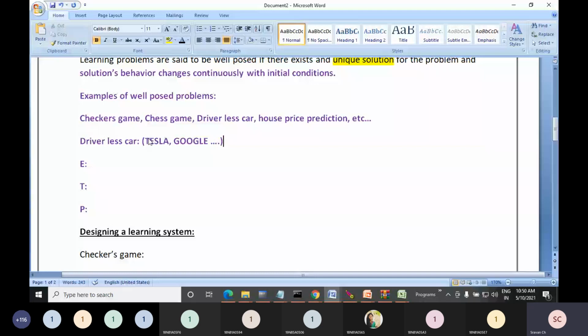Now tell me, if we are talking about a driverless car, what should be the experience, what should be the training, and how do you measure performance? I want you people to respond.